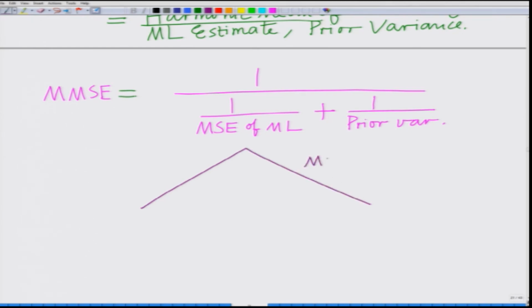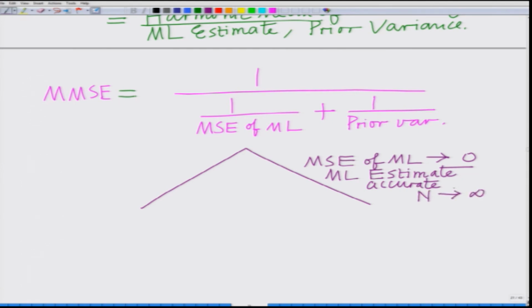So you can have two cases. When the MSE of the ML estimate tends to 0, that is, the ML estimate is very accurate, and this happens when n, the number of observations, tends to infinity, the MMSE approximately tends to the MSE of ML estimation.